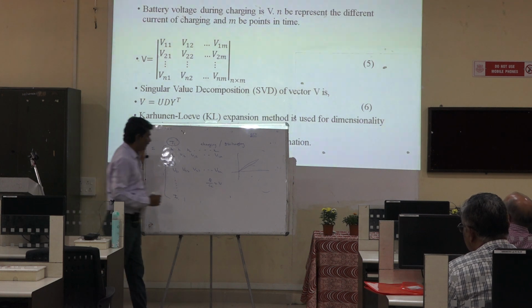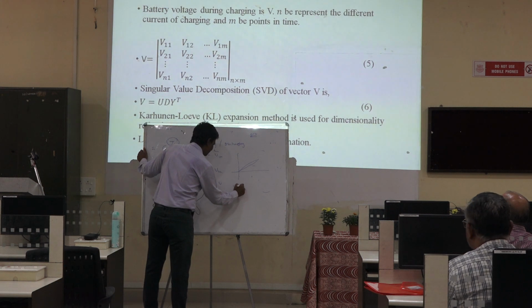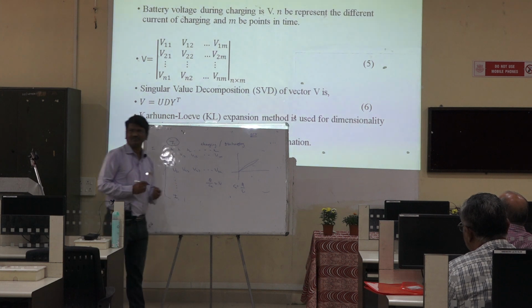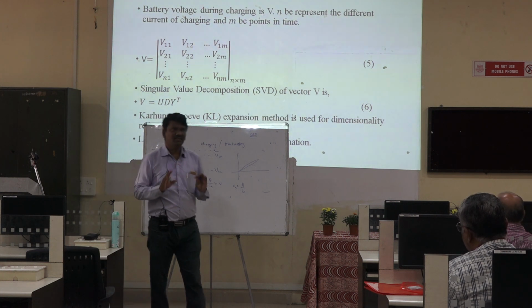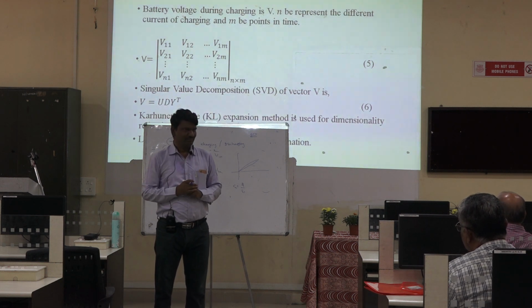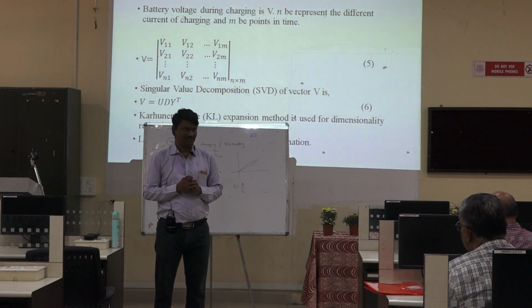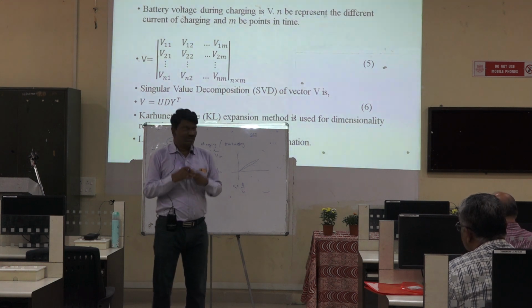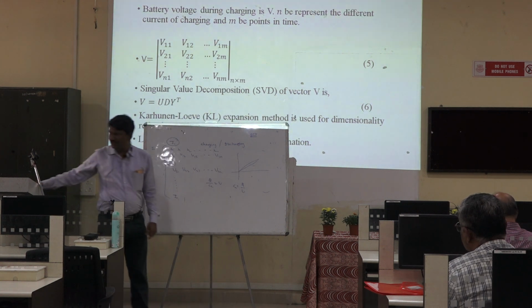In other words, I can say the capacitance is Q by V. It means that the battery can be sufficiently modeled with a simple capacitor. I am beginning with a very simple model, that is the capacitor. What is the voltage across the capacitor?